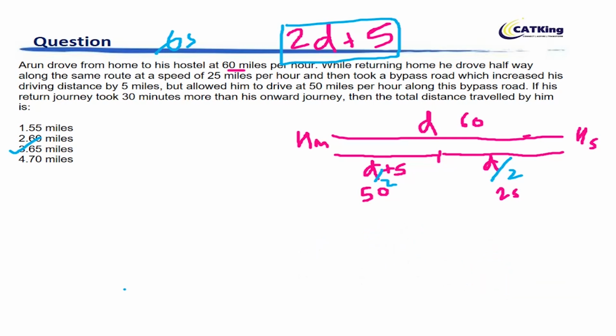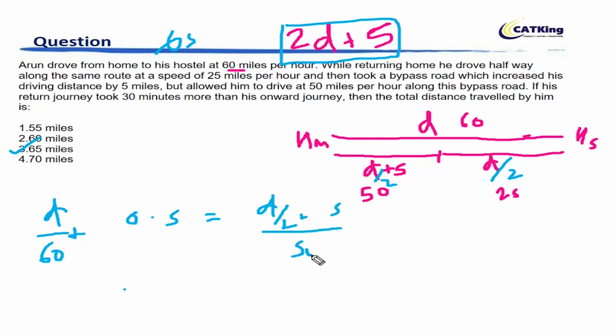Okay, so now the question says that d by 60 plus 0.5 is equal to d by 2 plus 5 divided by 50 plus d by 2 divided by 25. Is that correct? This is what the question is saying, right?